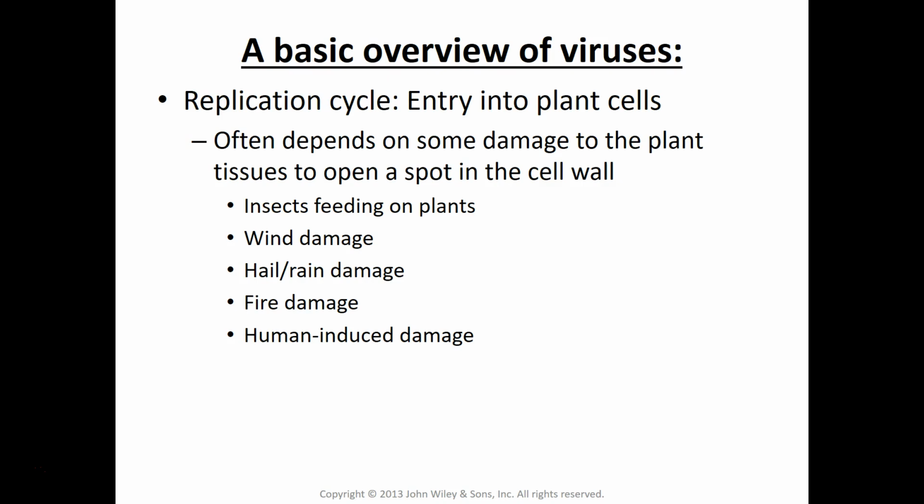The most common way, of course, the first on the list, is insects that feed on plants. They can transfer the viruses from plant to plant. And then once it's into a cell, cells are connected in plants, so it spreads cell to cell, and doesn't have to worry about the cell wall anymore. It takes advantage of those connections between the cells that exist.